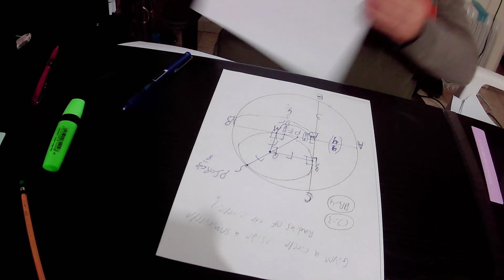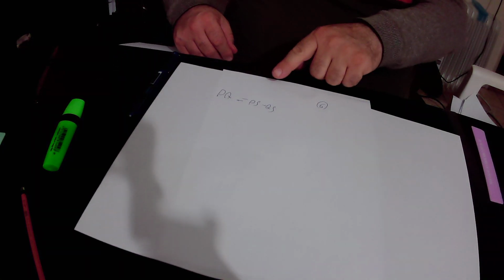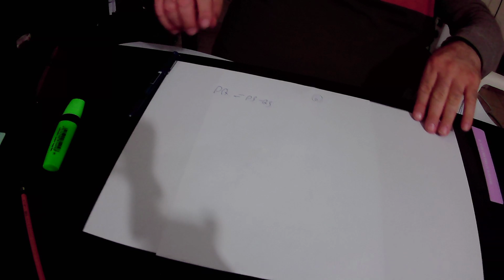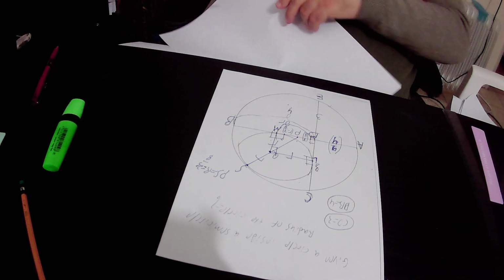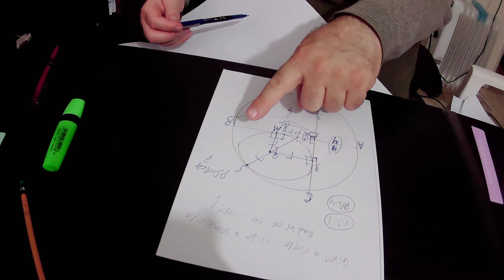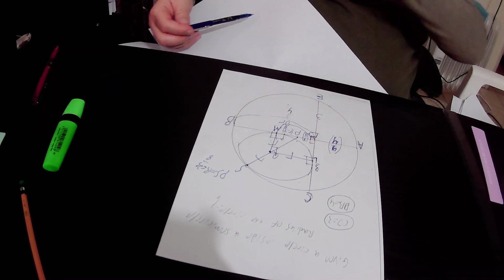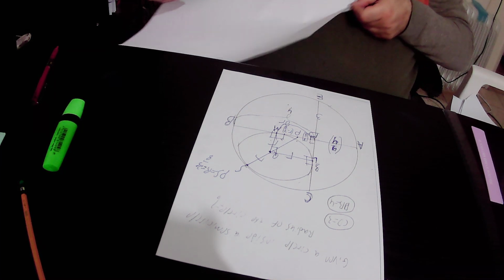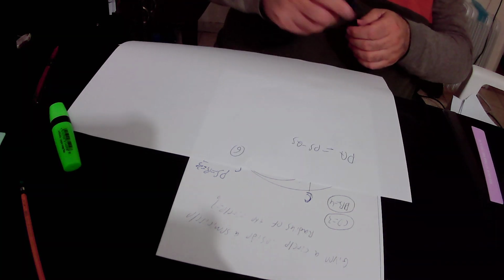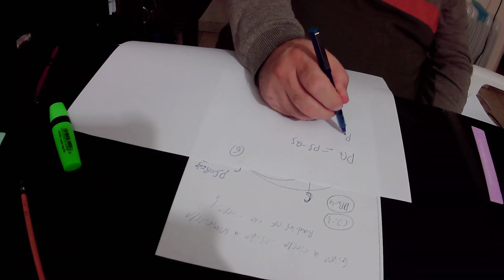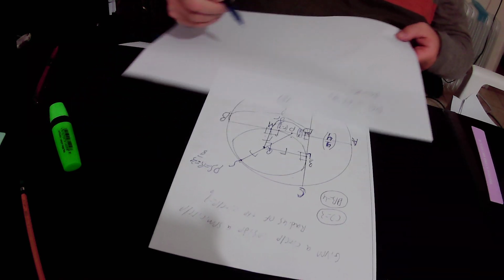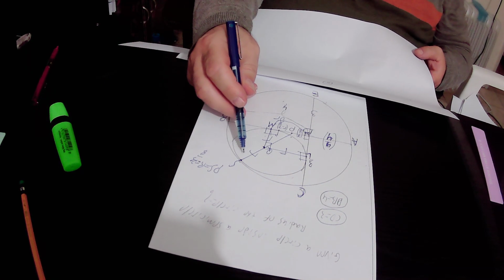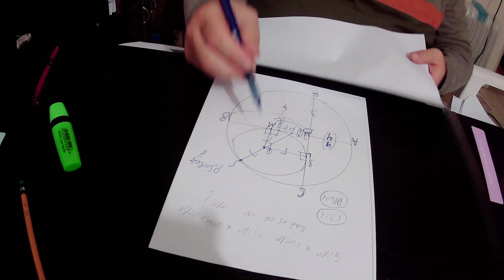Okay? We have already found out that PS is the radius of the big circle, equal to capital R. So we substitute PS by capital R, and QS, we already found out, equals the radius of the small circle, small r.